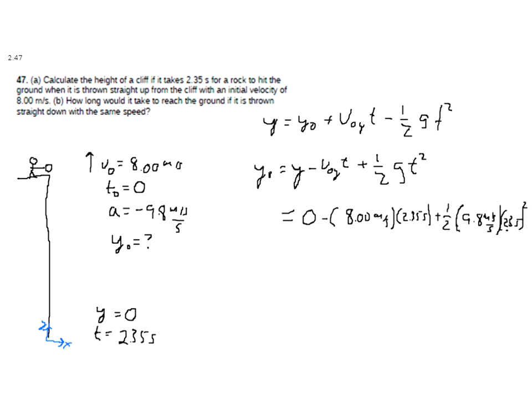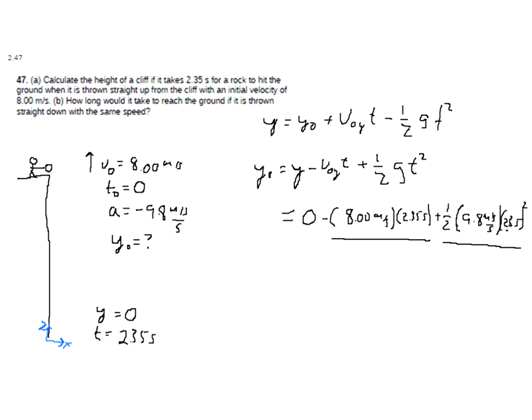But it makes sense that the 8 times 2.35 is going to be opposite in sign from this. Since the ball is going down, the second term is the term that's moving the ball downward.